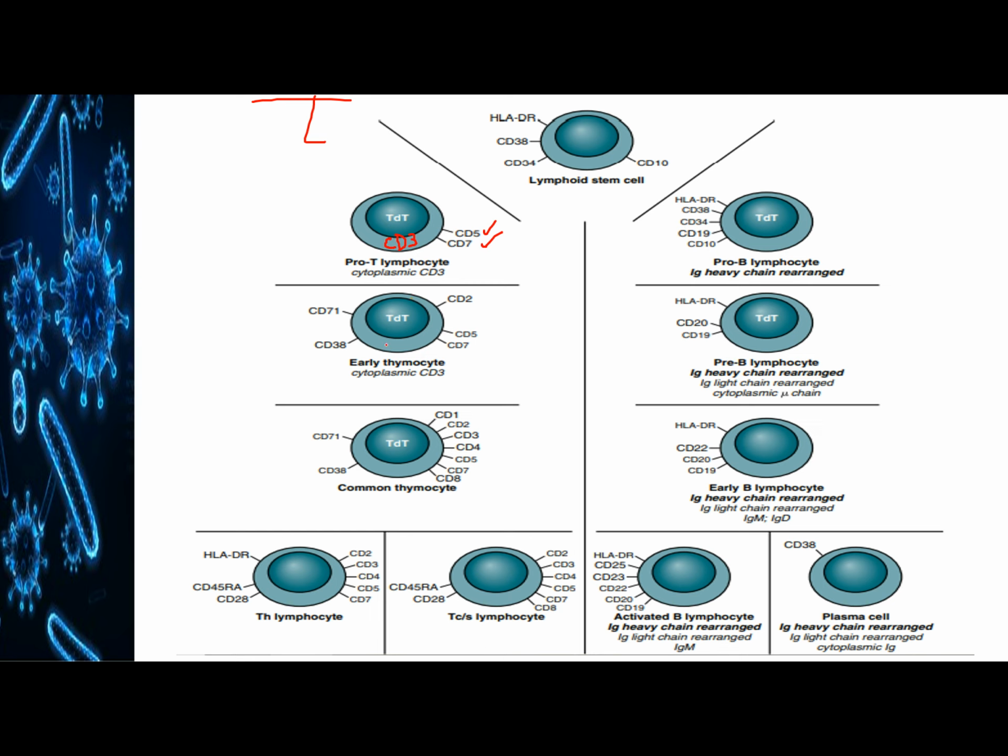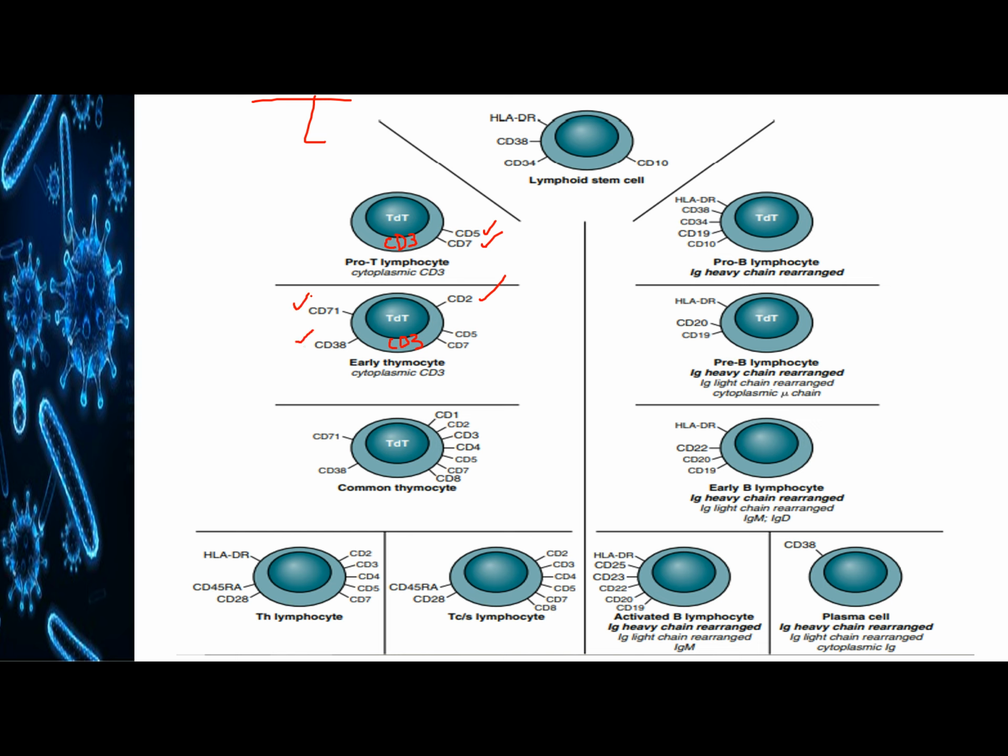After that, it would now become an early thymocyte. Again, it would have a cytoplasmic CD3. And on the surface, class, from the original CD5 and 7, magkakaroon ng additional CD2, CD38, CD71.